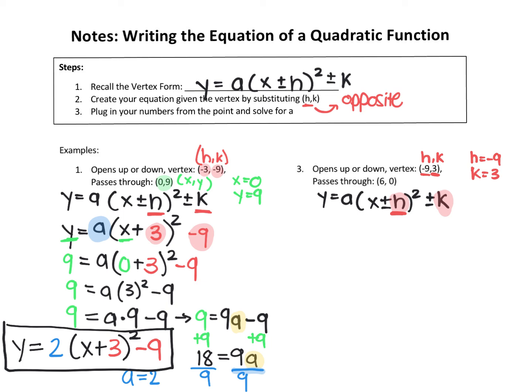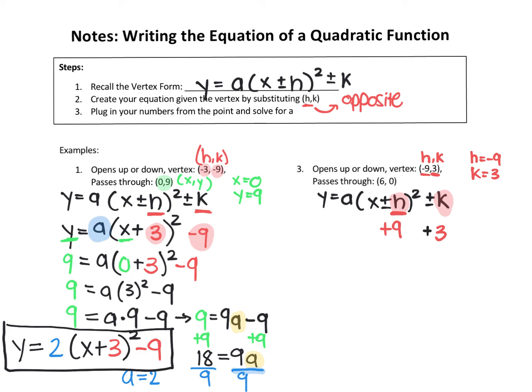So I'm going to put positive 9, just to make sure you guys know that it's positive. And the k value is not opposite. So if my k is 3, then I'm going to make sure that that 3 is there. That k is a positive 3, so I'm just going to keep it with that plus.